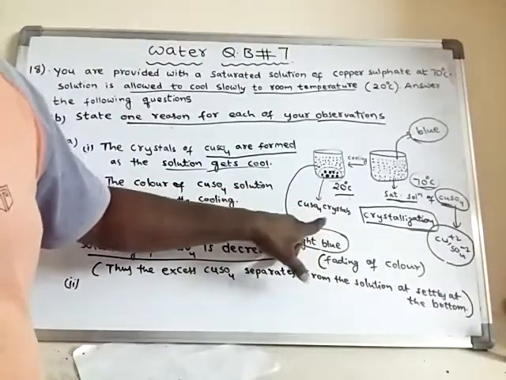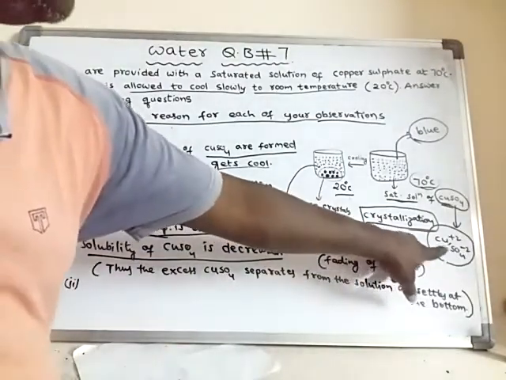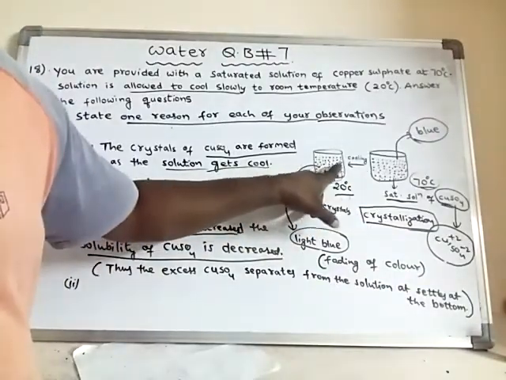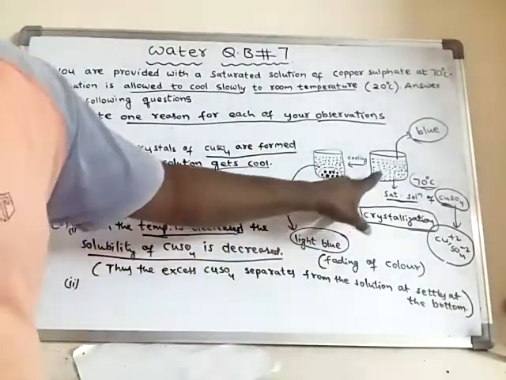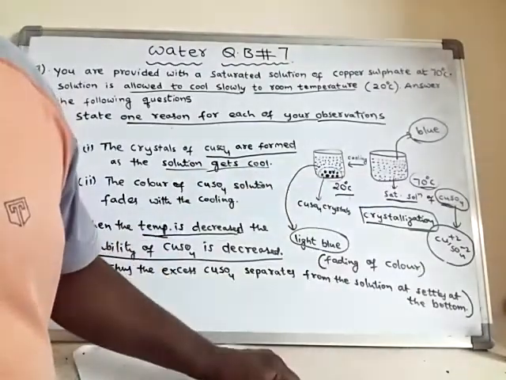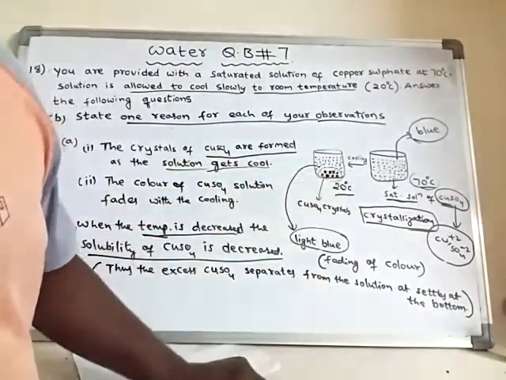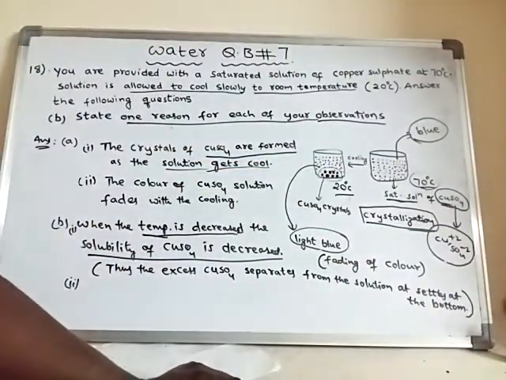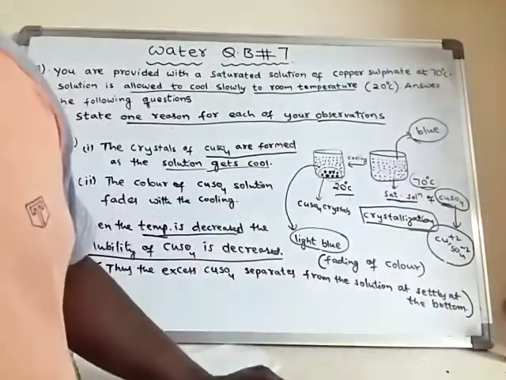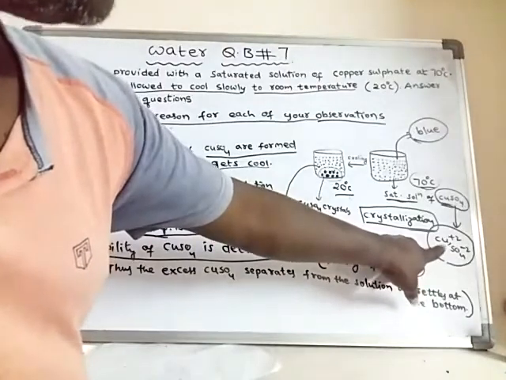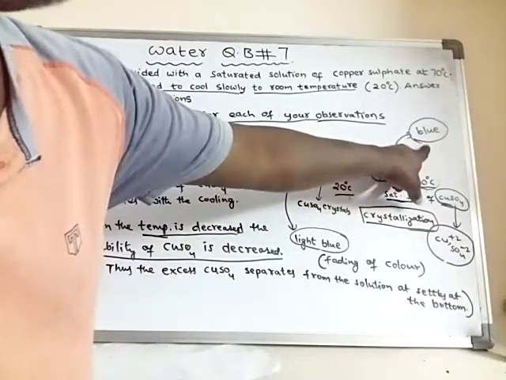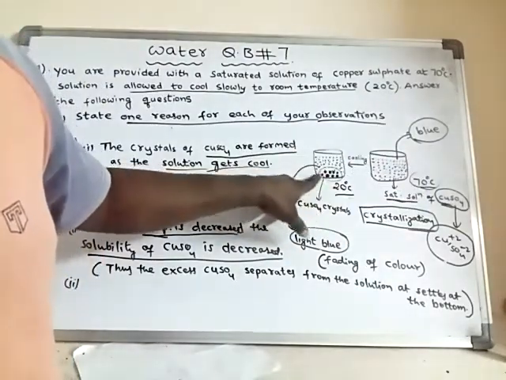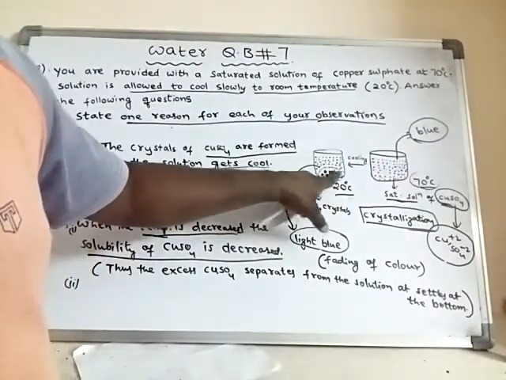But due to crystallization, the number of ions is decreased. In this case the number of ions is more, because more amount of copper sulfate is dissolved. When more amount of copper sulfate is dissolved, the ions will be more. So when the number of copper ions is more, the solution will become more blue, dark blue. Here in this case the free copper ions are not there.